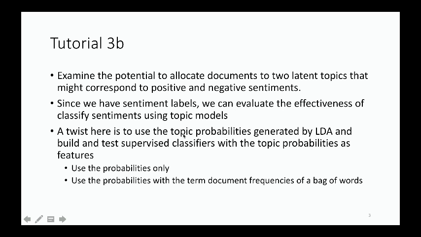Even though it's only topic probabilities for 2 topics for each document, we can still build and test some classification models using decision tree, naive Bayesian and support vector machine, in a way similar to tutorials 1 and 2, because our data set has the labels, so we can do it.